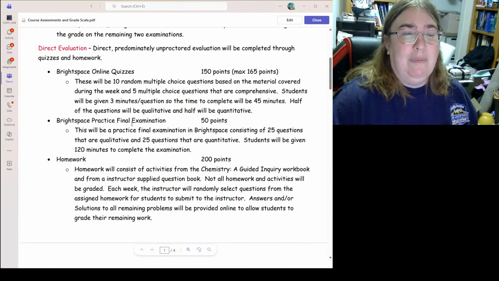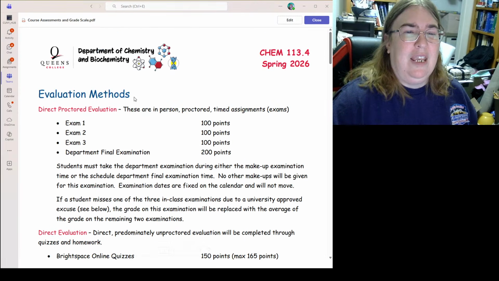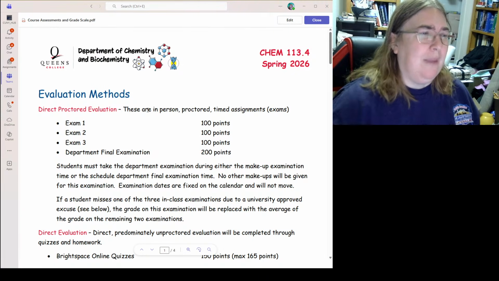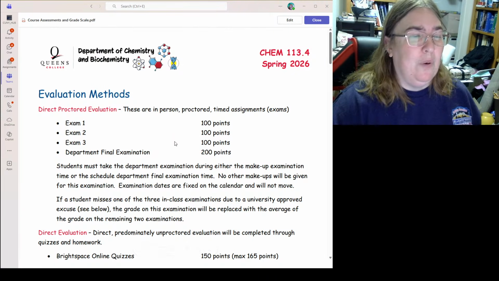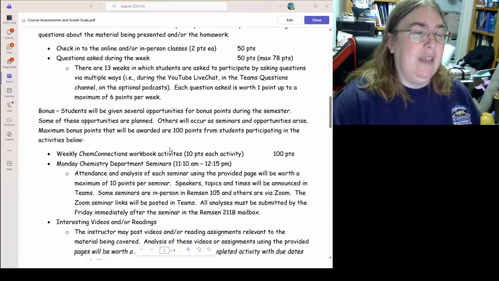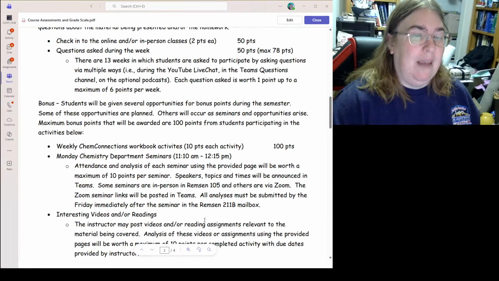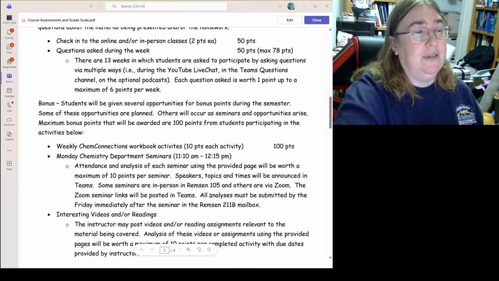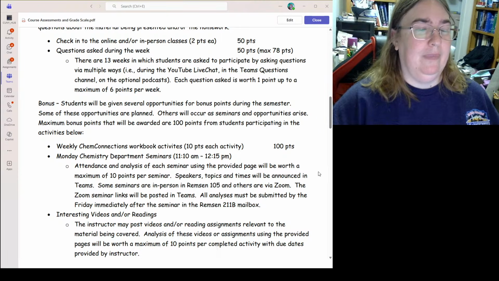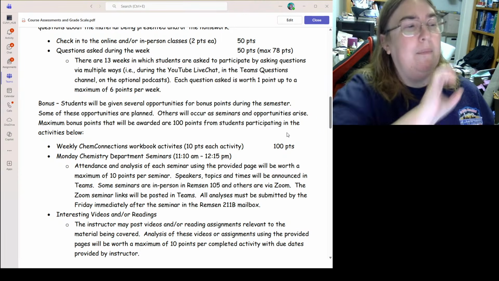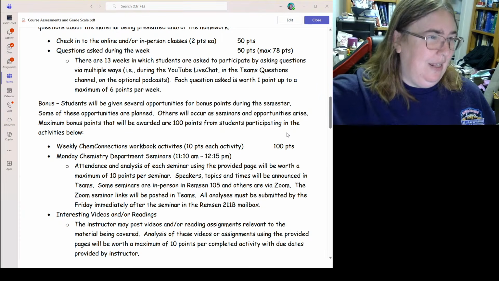And occasionally I put some bonus questions on the exams, and that's just part of the exam score. So that's not part of the 100-point cap. So the 100-point cap is literally separate activities. Okay? And those will always be marked bonus, dash, and then a name.